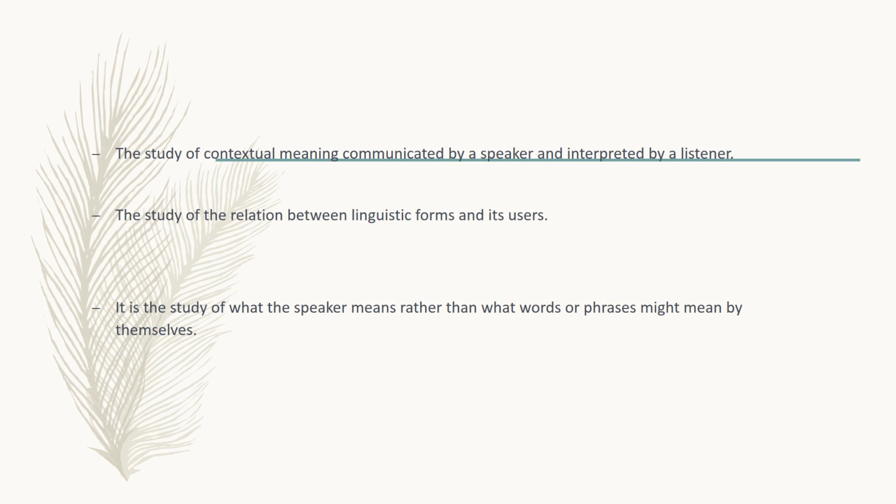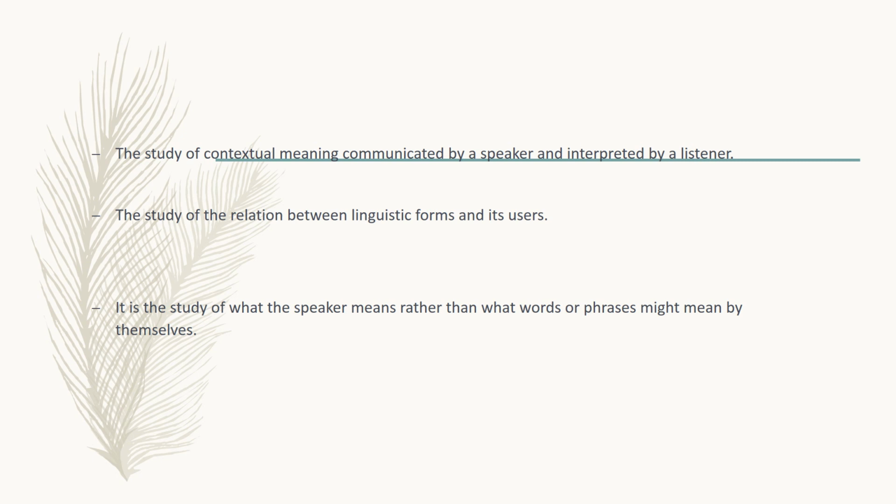The second definition is that pragmatics is the study of the relation between the linguistic forms and its users. So each person has certain linguistic forms, has a certain meaning that he wants to deliver.